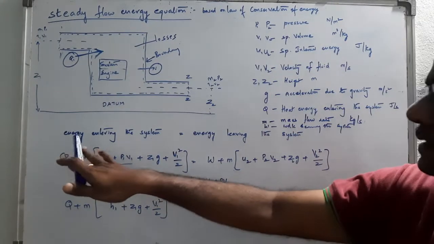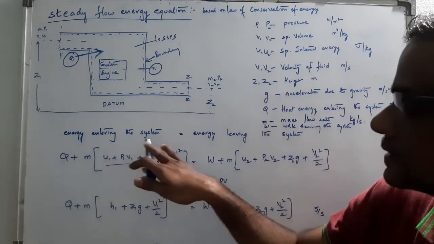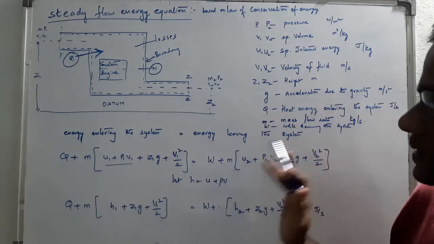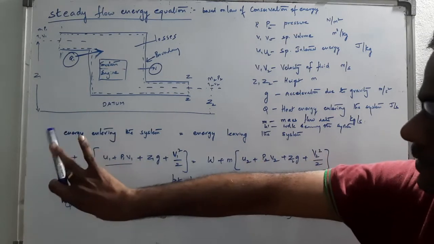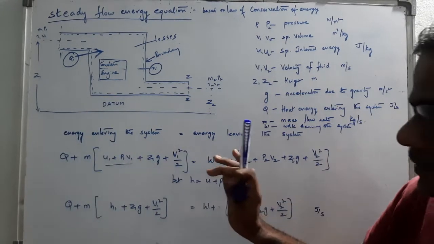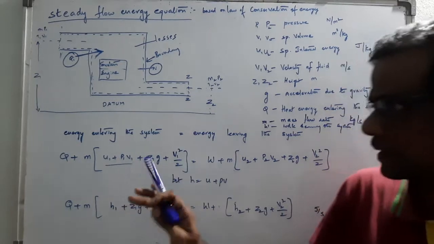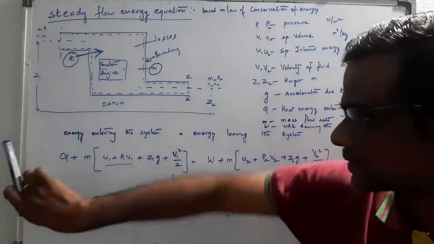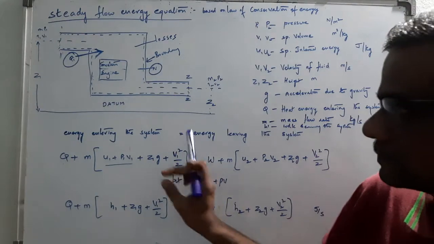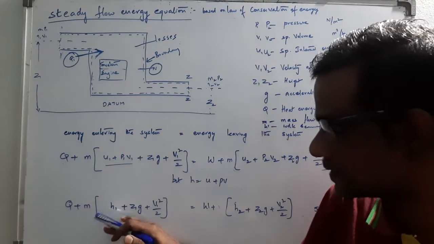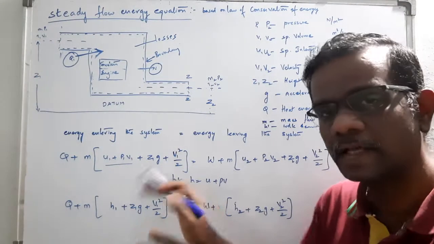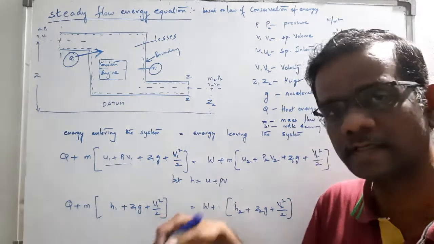So here I write the equation: energy entering the system must be equal to energy leaving the system. If you want the derivation, it is not necessary. Just note this equation. Why? Because based on this equation, we apply it to the boiler and the nozzle.